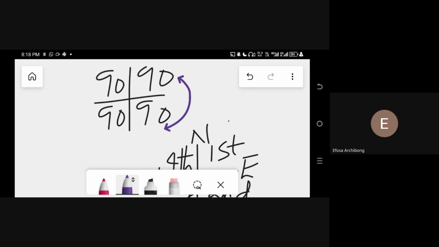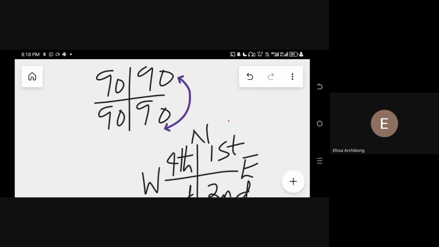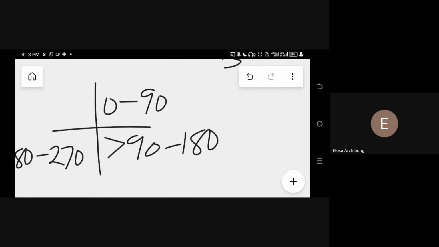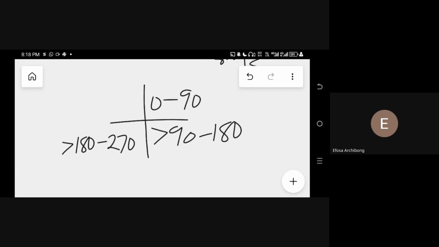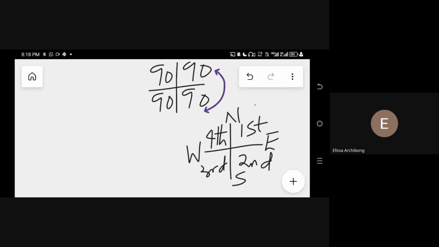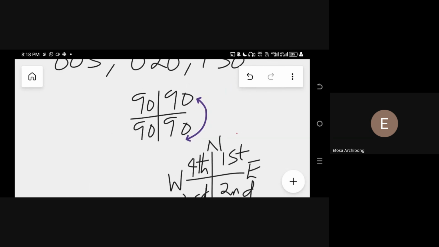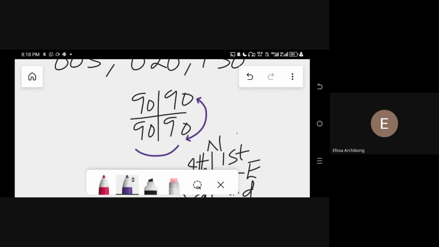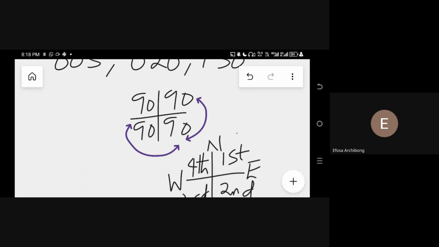Then once you move to the third quadrant, anything you see there should be above 180 to 270. Why? Because you have 90 plus 90 and then here plus another 90. So that's why in the third quadrant you're having 270.